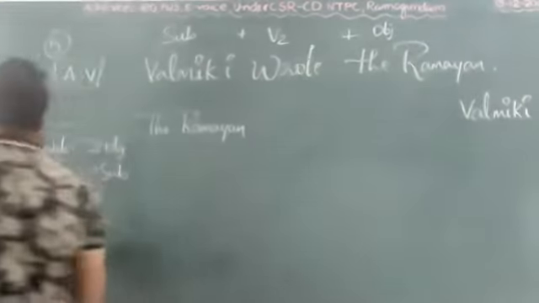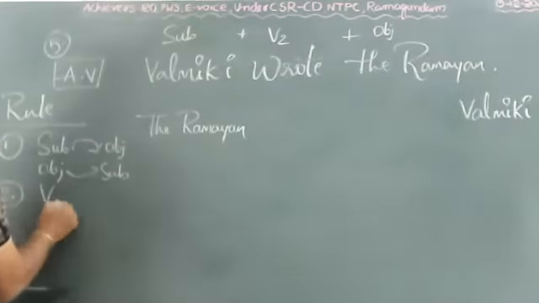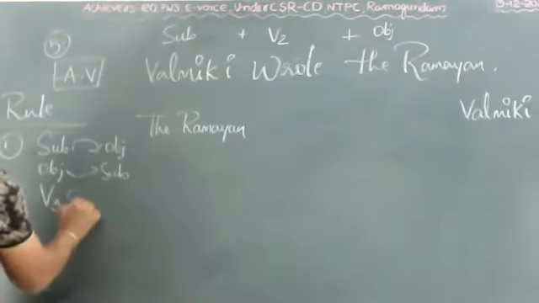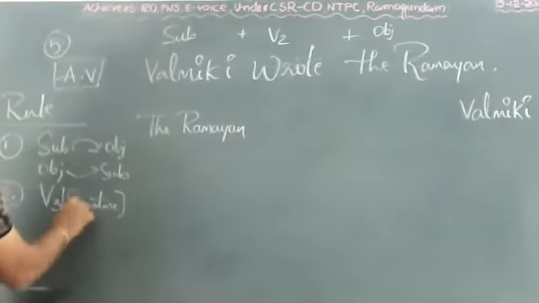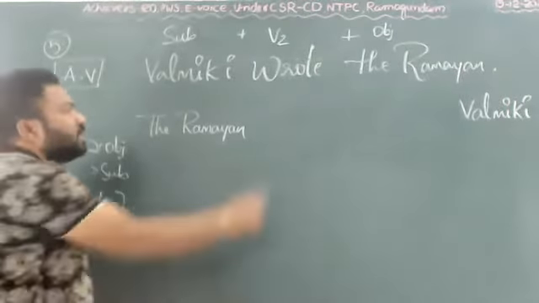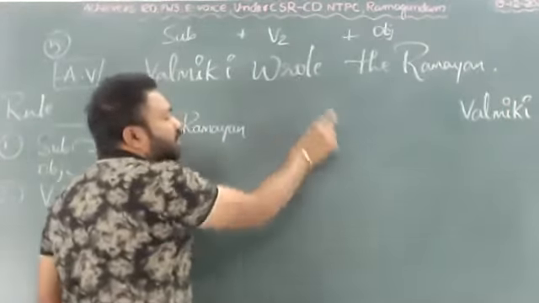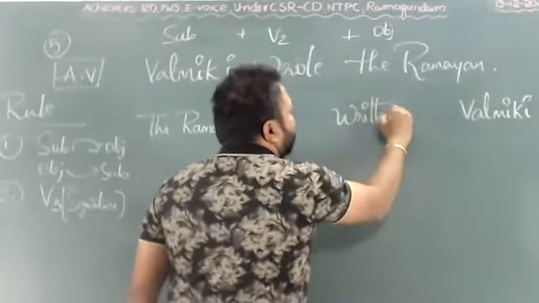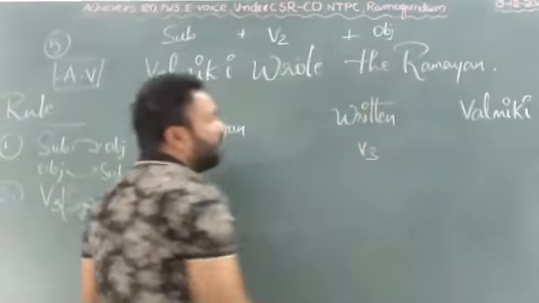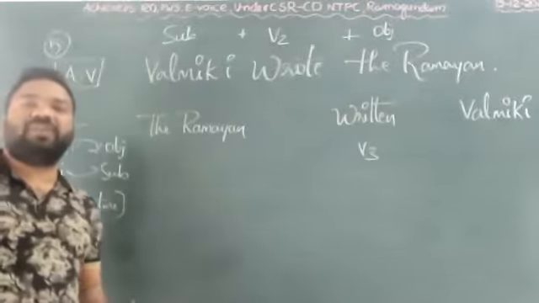We have to write V3, which is a signature rule, compulsory. All right. So V2 is wrote. So obviously, written is V3. Okay. So the second rule is also finished.